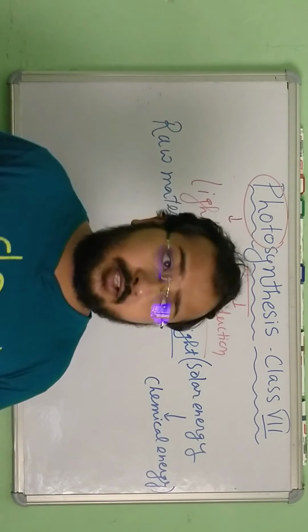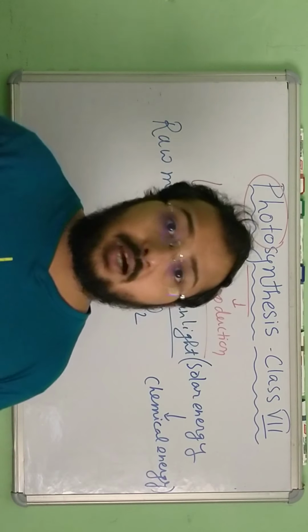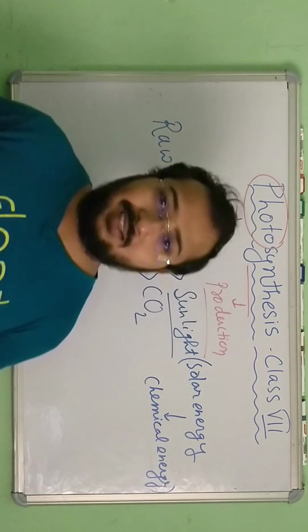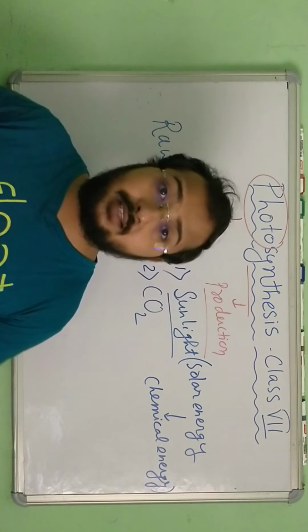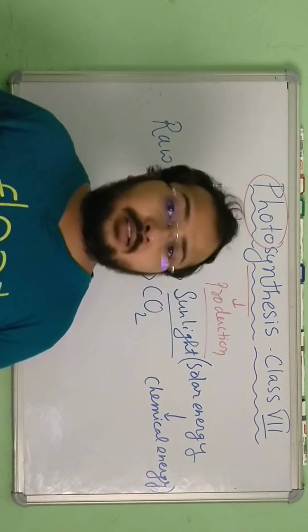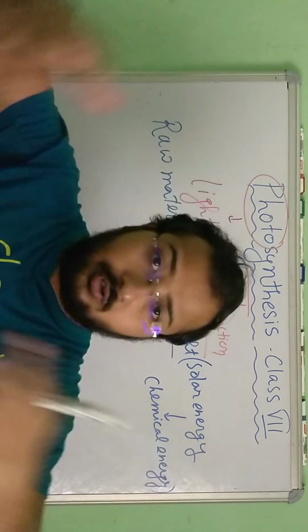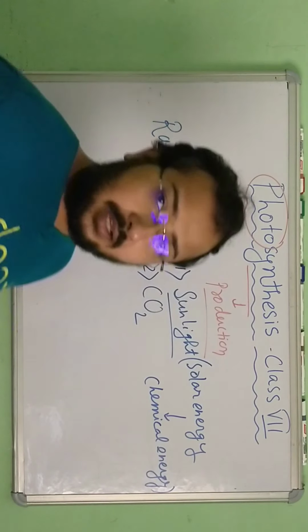Understood? It is why the Amazon forest is known as the lungs of the earth. Why? Because the Amazon is a dense forest full of plants. It absorbs the carbon dioxide from the environment. Most of the carbon dioxide is absorbed by the Amazon. Understood? So plants are so important here.